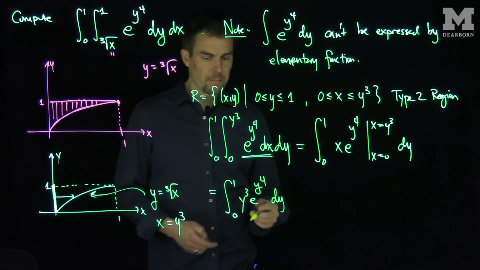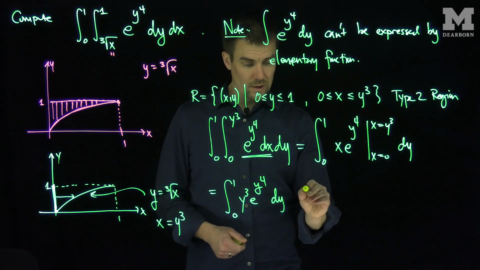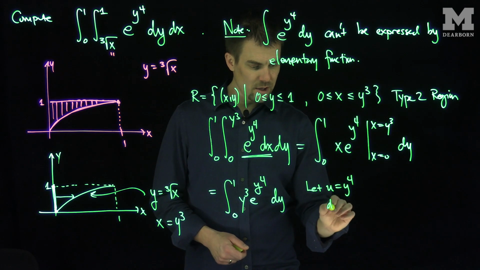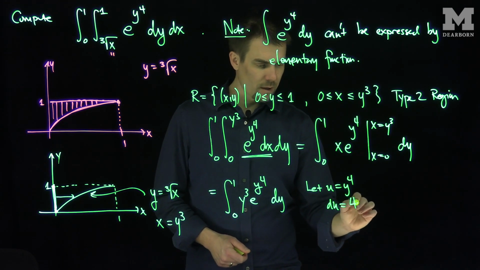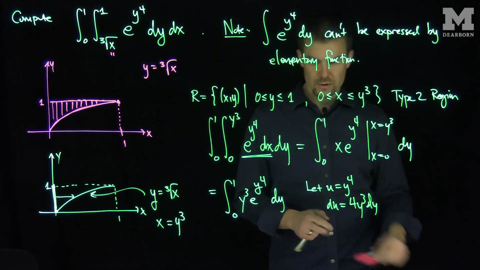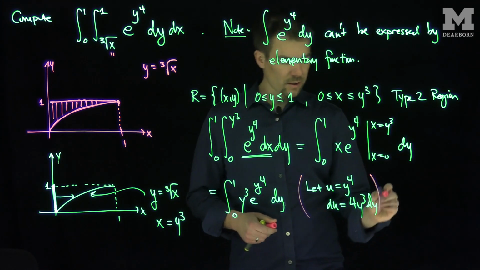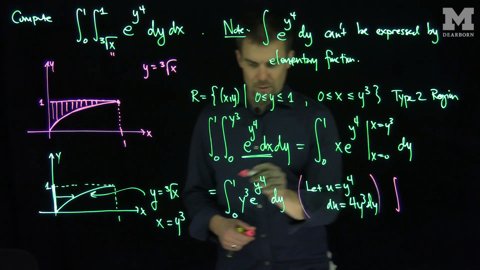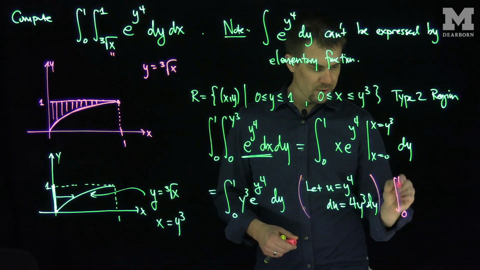And now we can see that I'm missing a 4 over here, so we can make a u substitution. If we let u be y to the fourth, then du is 4y cubed dy. And so this integral will turn into the integral. Well, when y is equal to 0, u is equal to 0. When y is equal to 1, u is equal to 1. So I still have the integral from 0 to 1.